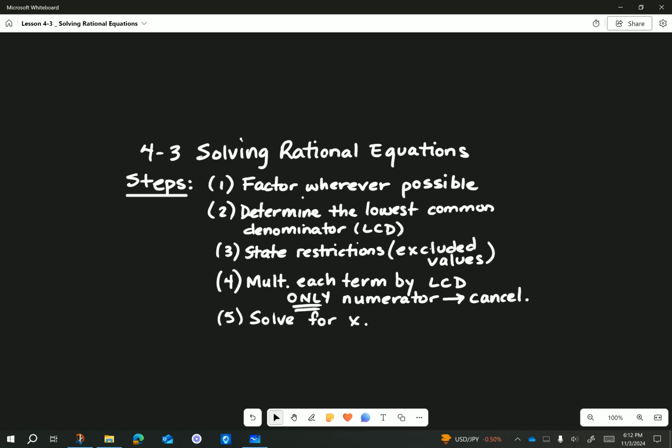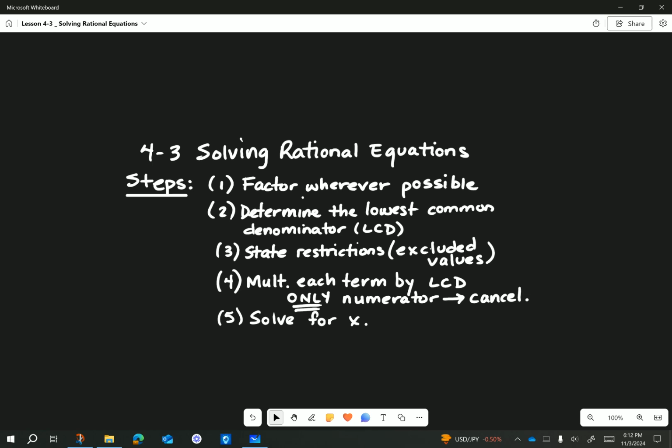Number 4, once you have determined the LCD and stated what the restrictions are, you are going to proceed with the beginning step of solving rational equations. So you will need to multiply each one of the terms by the lowest common denominator. And when you do that, you are only doing it to the numerator value, and you are going to realize that in the end, things are going to cancel out.